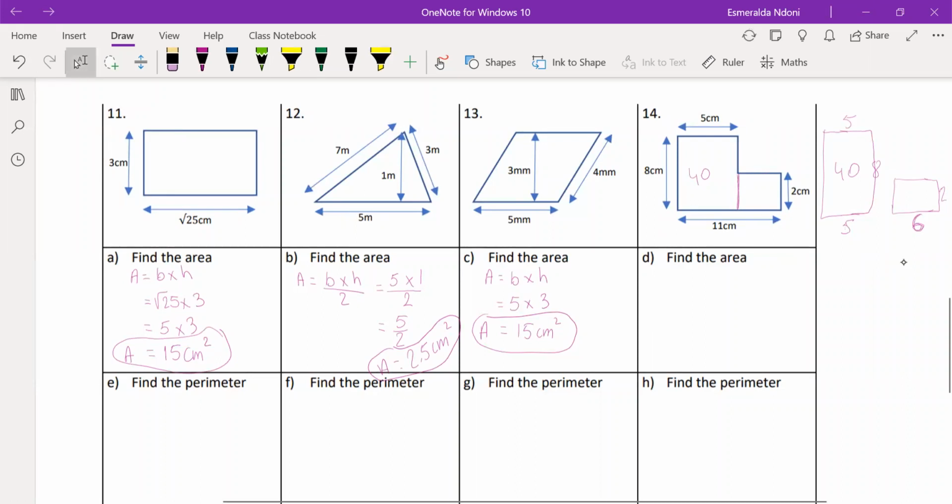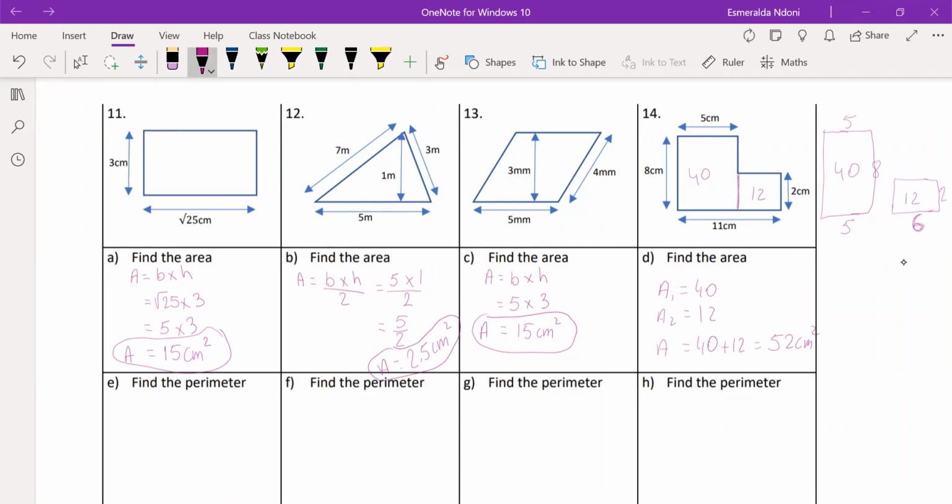So 2 times 6 is 12. So together, I have area 1 to be 40, area 2 to be 12. So the area of that shape is 40 plus 12, which is 52 centimeters squared.